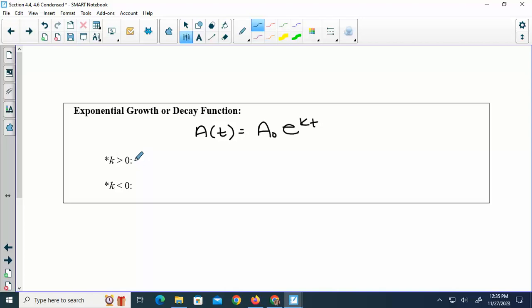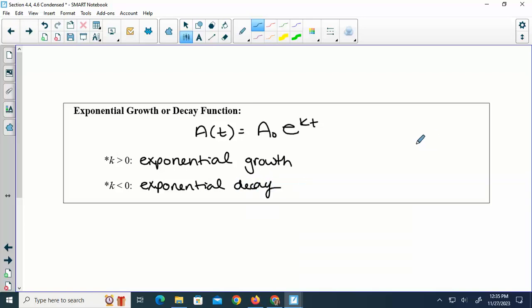If your k is greater than 0, so if you have a positive, that will be exponential growth. You will be gaining over time. If it's a negative, that will lead to decay. So there would be less as time goes on.